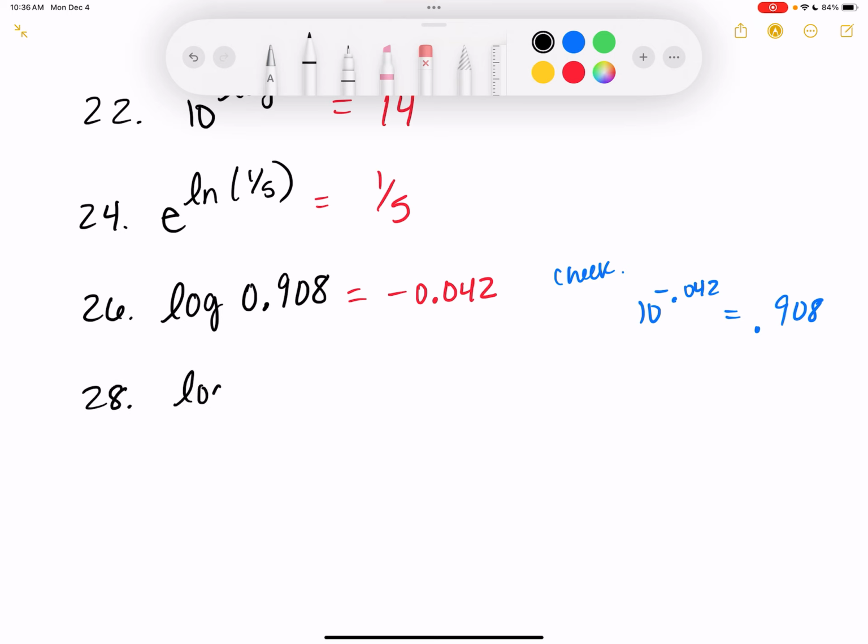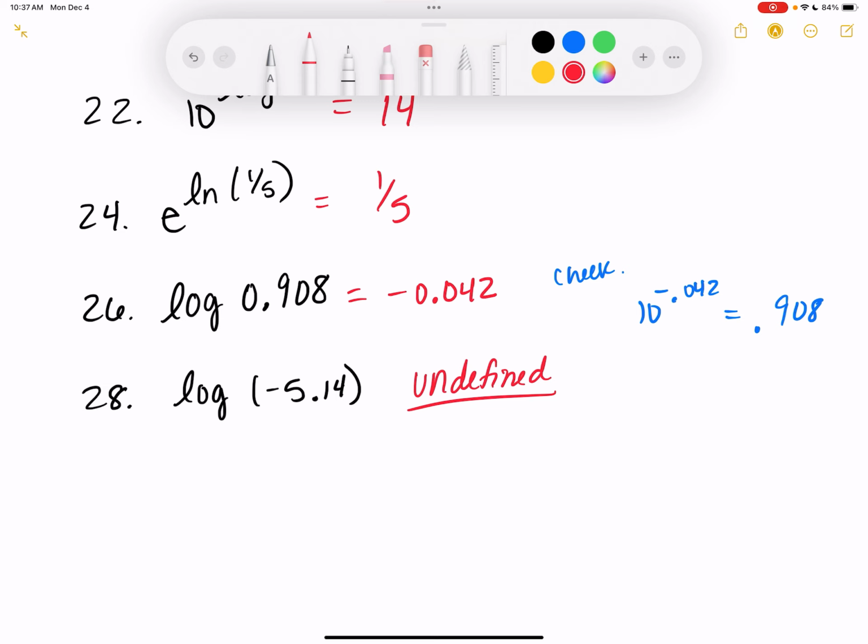Sorry. All right, 28. Log of negative 5.14. Yeah, it's undefined because there's a negative.